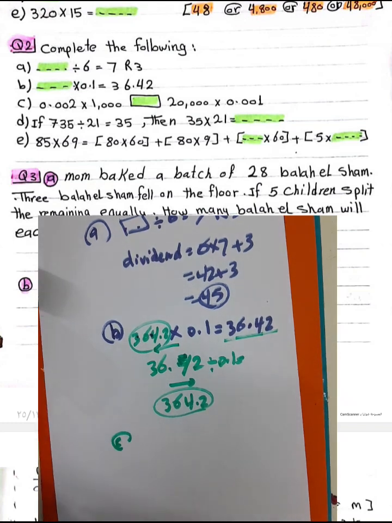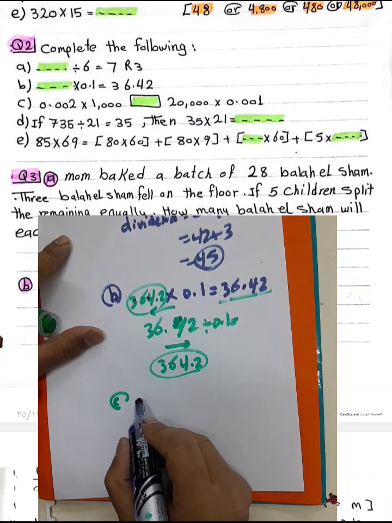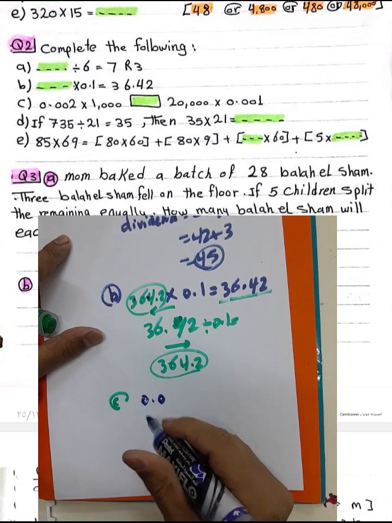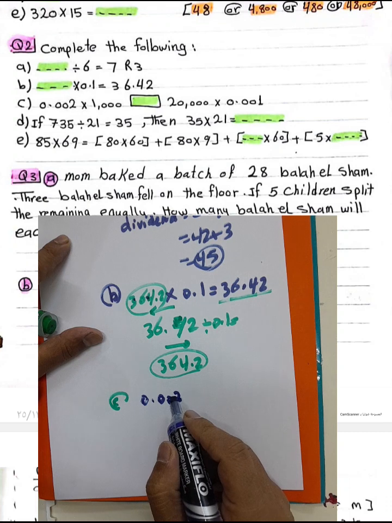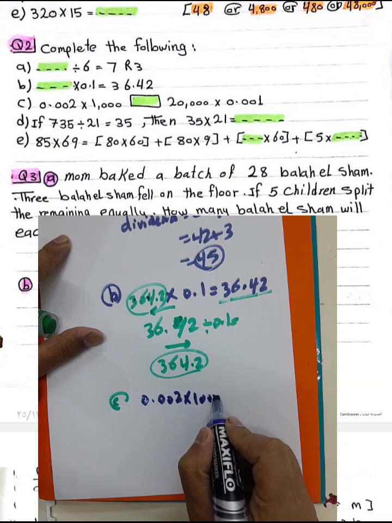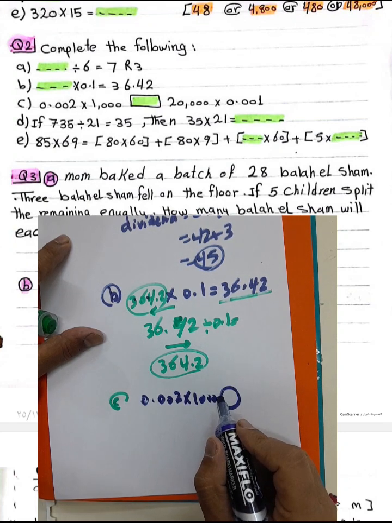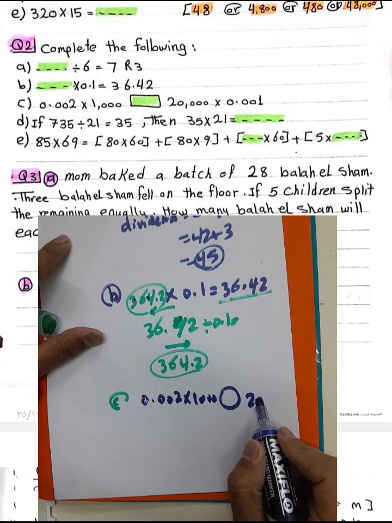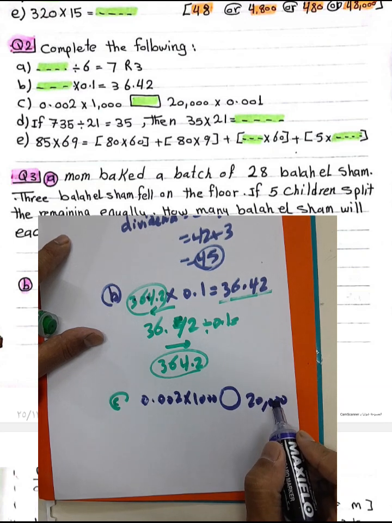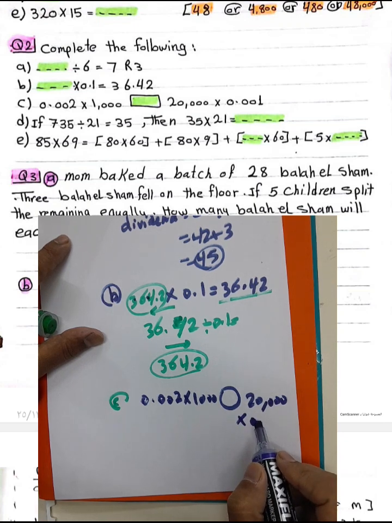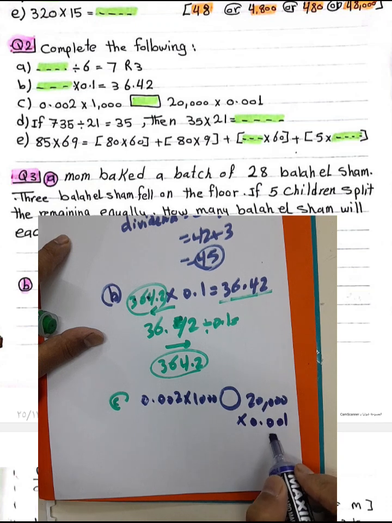Question letter C. Comparing between two numbers here, we have 0.002 times 1000, or 20,000 divided by 1000.